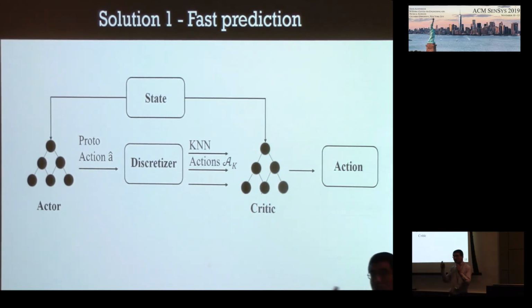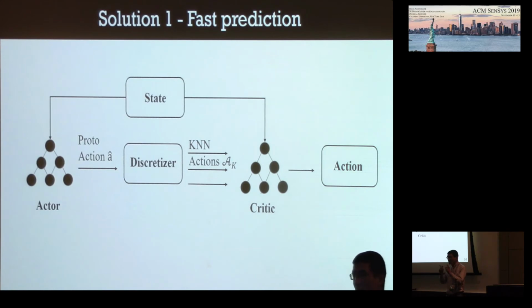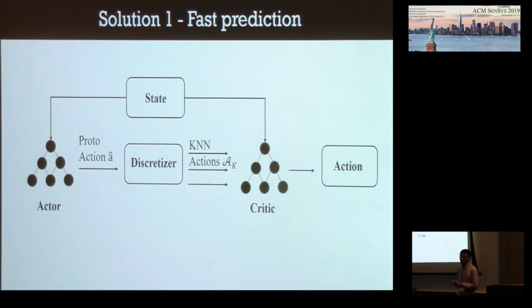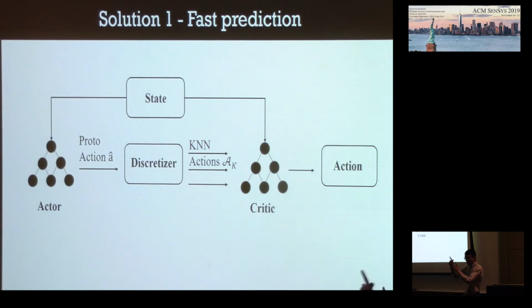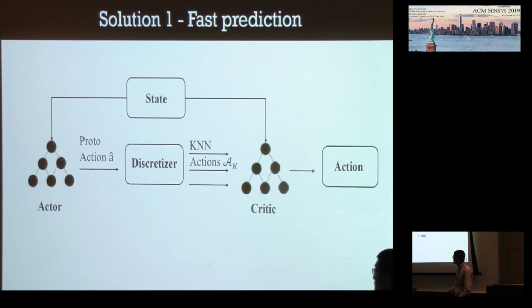So we do not need to verify every possible action in discrete space. Because the output is continuous space, we can do the verifications within a very small continuous space.